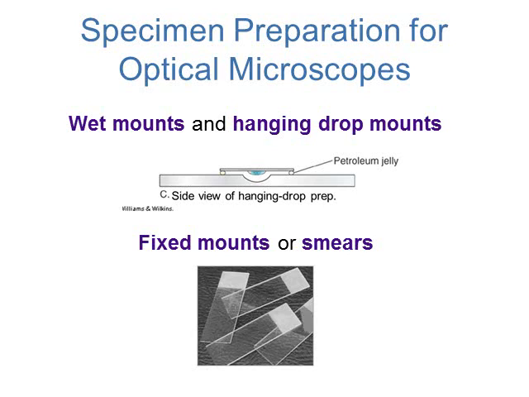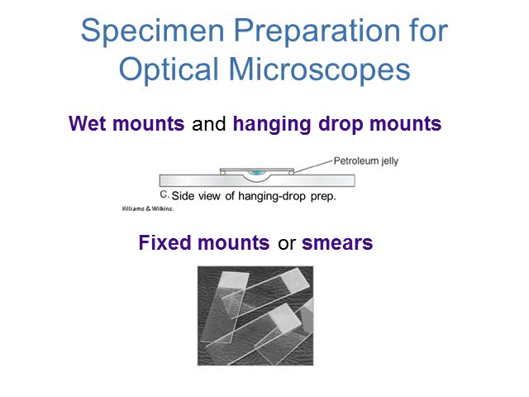So in lab we're going to be using light microscopes. We don't have any electron microscopes on campus. So for our light microscopes, or optical microscopes, we have to prepare our specimen in order to actually see it. So different types of preparation that we're going to be using in lab: you can use a wet mount.